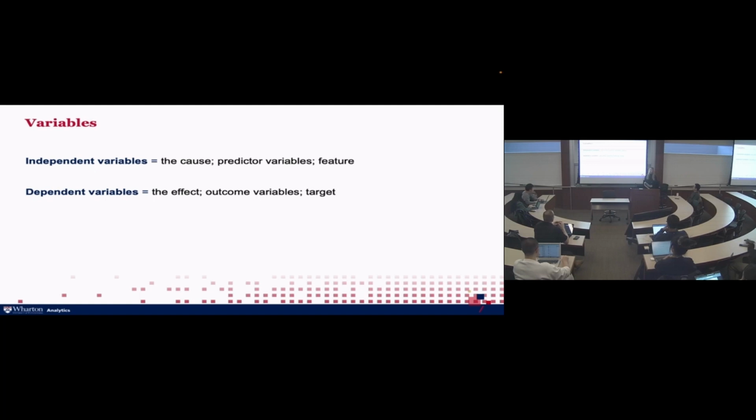In more advanced modeling techniques like machine learning models, they might refer to independent variables as feature variables. Then you have the dependent variables. These are the variables that you are trying to predict. They're the effect. We also refer to them as outcome variables, and in machine learning methods, they refer to them as target variables.